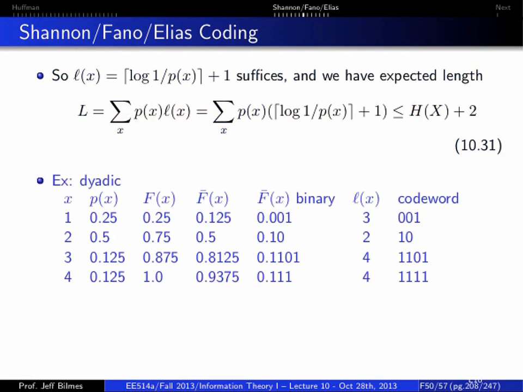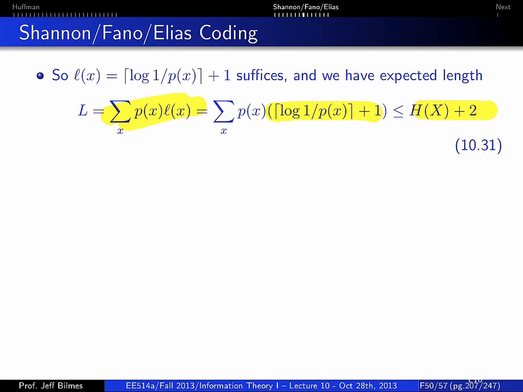Now, I'm not saying this is good. Like we've done before, we've got entropy plus 1. The main point of this exercise, and the reason to understand this, is because of what we're going to be talking about with respect to arithmetic coding. And that's going to be a bit more complicated, so it's really important to understand this first. Arithmetic coding is actually something that you really do want to know. And so therefore, you also want to know this.